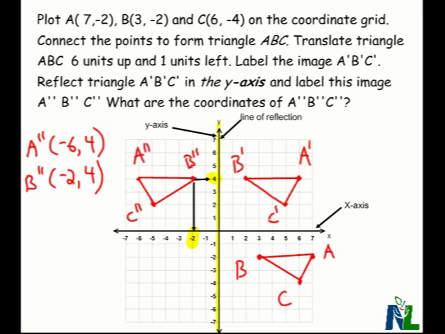Finally, we look at the coordinates of point C prime prime. The x-coordinate of C prime prime is -5. The y-coordinate of C prime prime is 2. So we write C prime prime as an x-coordinate of -5 and a y-coordinate of 2.